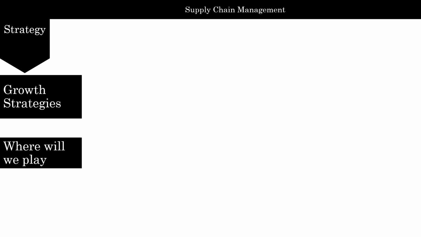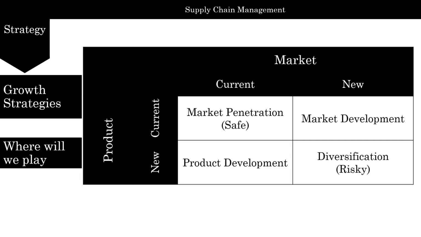The second one we talked about was growth strategies. Where will we play? Here we can look at this quadrant where we look at current market or new markets, and then we look at products, whether you have new products or you're just going to use your current product.